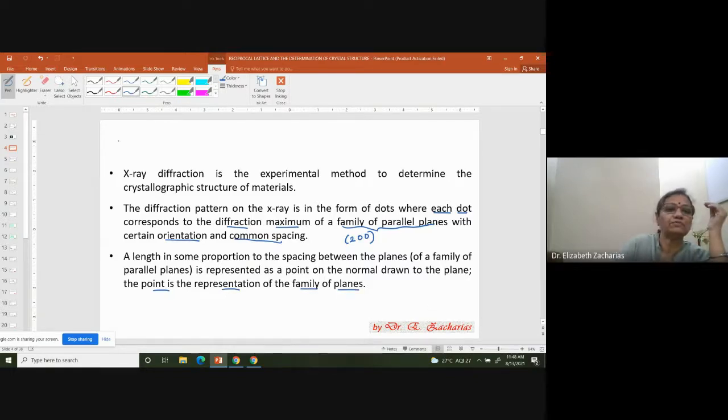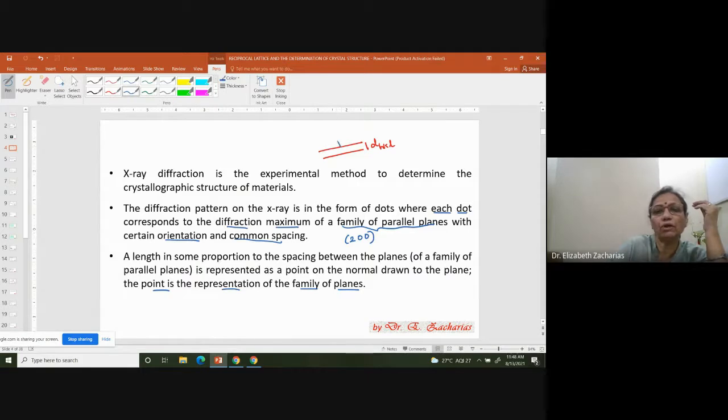I'll explain what this means. If I'm talking about a family of planes like this, and the distance between them is d_hkl. I'm putting hkl because hkl talks about the family. So I will say d_hkl to talk about the gap between the planes. Now what happens is you must draw a normal.